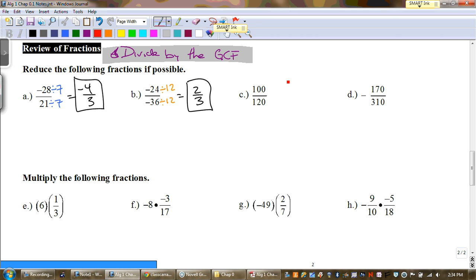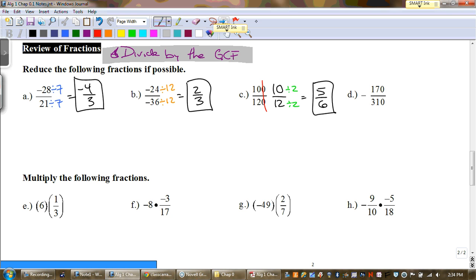Okay? Letter C. See how they both end in zeros? When that happens, you can cross both of them out. And now we're left with 10 over 12, which we can now reduce because you can divide both of that by 2. And you get 5 over 6.